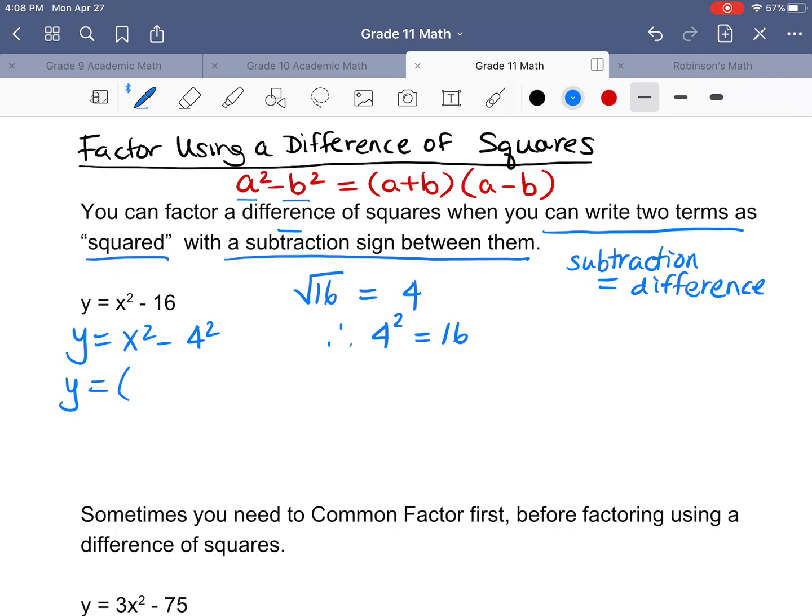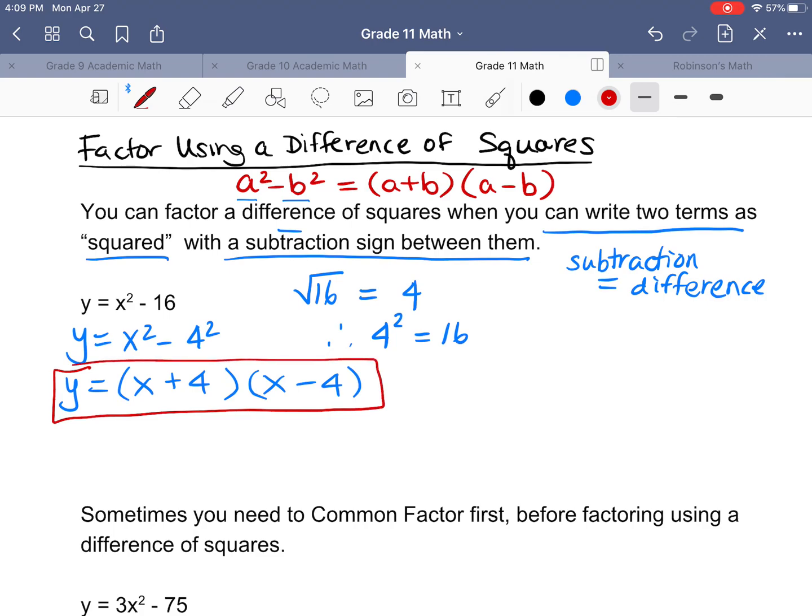The a squared minus b squared is equal to a plus b times a minus b. In this case, your x is representing your a, and your 4 is representing your b. So we have x plus 4 times x minus 4. Okay, and then we're done, and we are all factored.